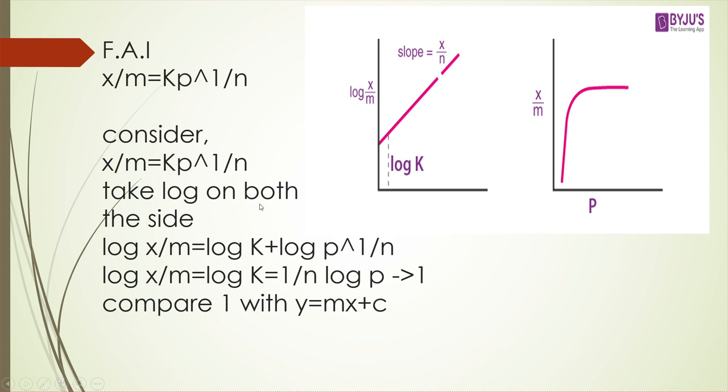Now, taking log on both sides, we get log of x by m equals log of k plus log p to the power of 1 by n. Next, log x by m equals log k plus 1 by n log p. Let me consider this as equation number 1.